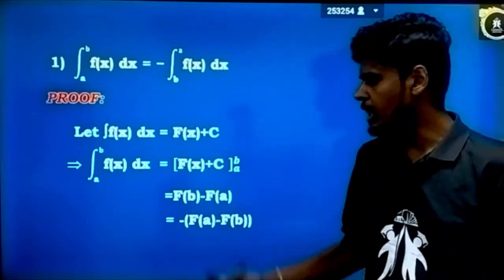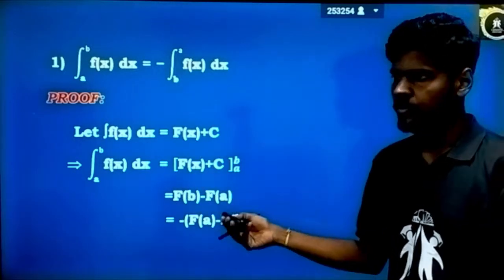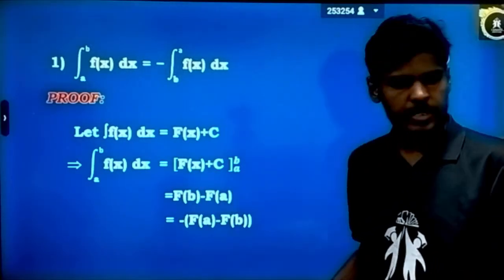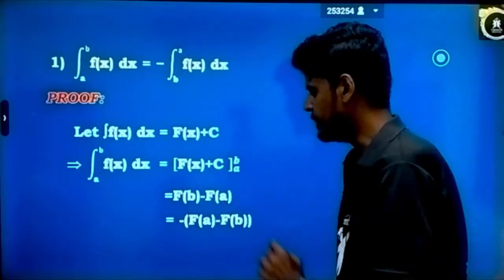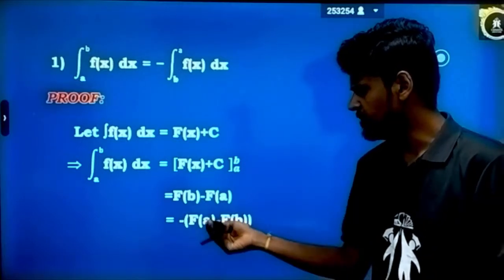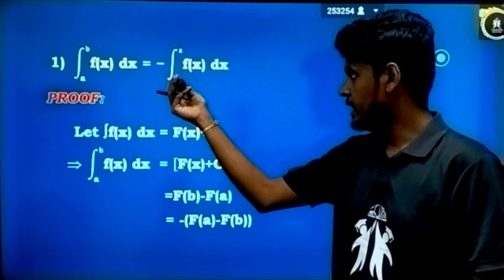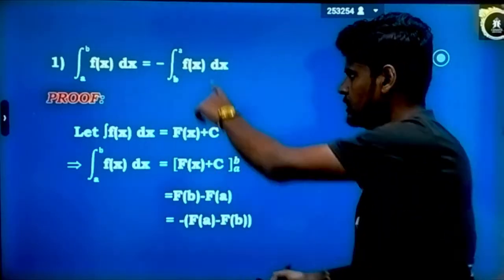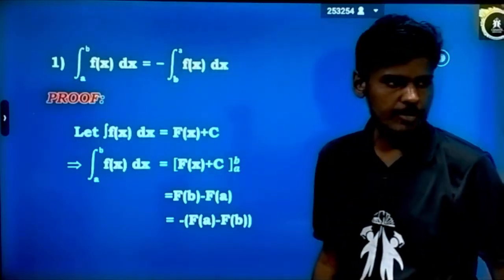We have solved a few problems for this, so we already know how to find the value of a definite integral. We can write this F of b minus F of a as minus of F of a minus F of b. This is nothing but changing the limits: a comes to the upper limit and b to the lower limit. So the value of this integral is capital F of a minus capital F of b.